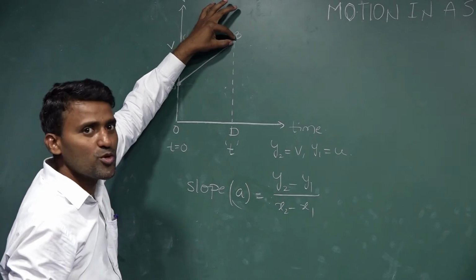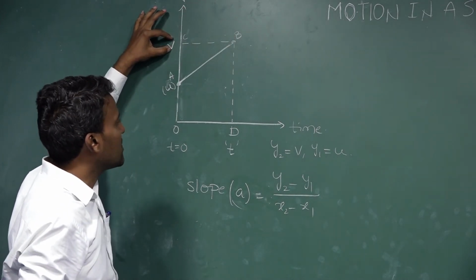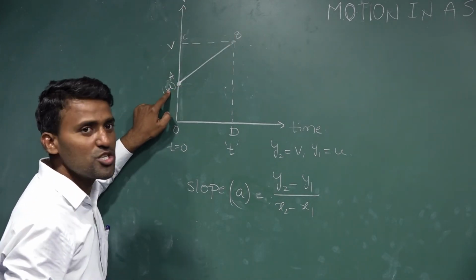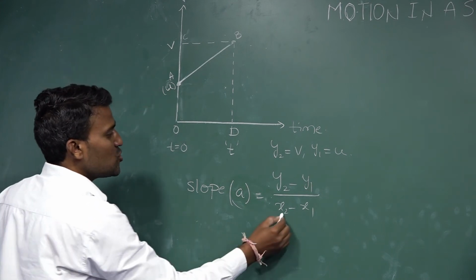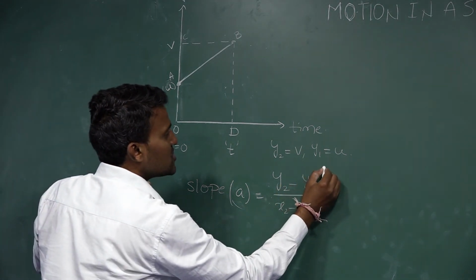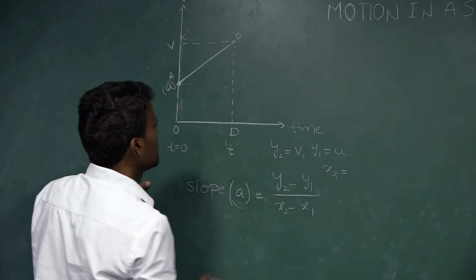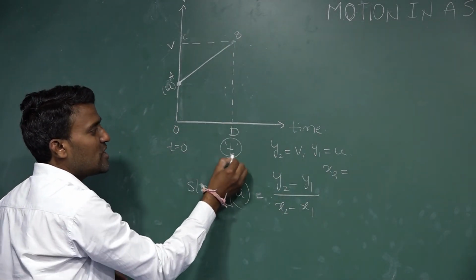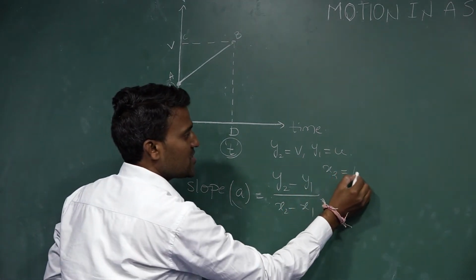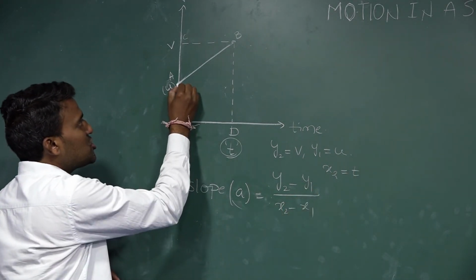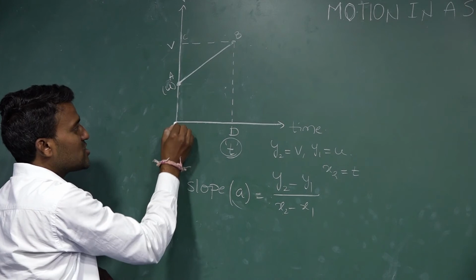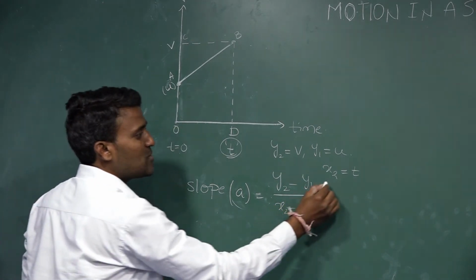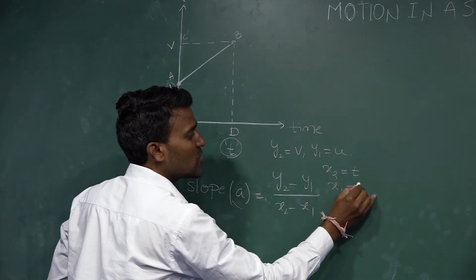For x2 minus x1, x2 is the final position, which is the time interval t, and x1 is the initial position on the x-axis at the origin, so time is equal to 0 and x1 is equal to 0.